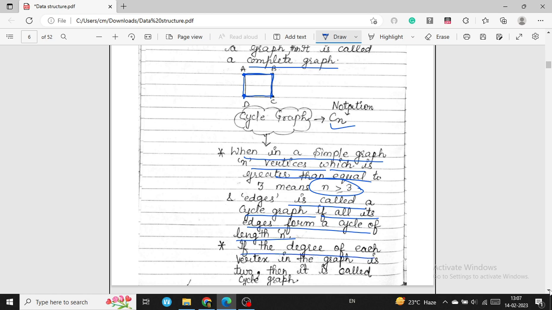If the degree of each vertex in the graph is 2, then it is called a cycle graph. Here you can see this is also a cycle graph because each vertex degree is 2. So you can say this is a complete graph, and this is a cycle graph.